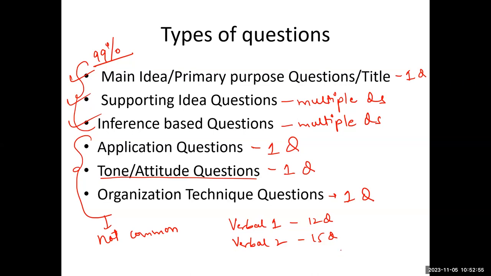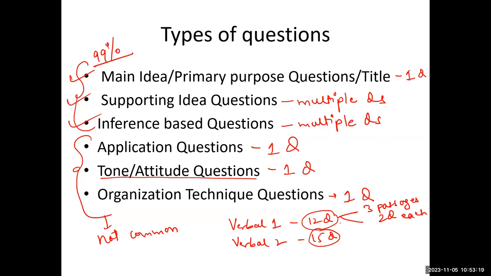Now see, I'll tell you how. Let's say there are 12 questions in the first verbal section, and there are 15 questions in the second verbal section, right? What I can do, I can give you 3 passages, 2 questions each.